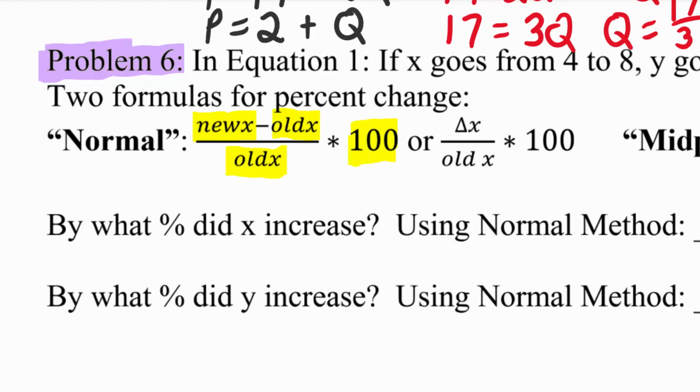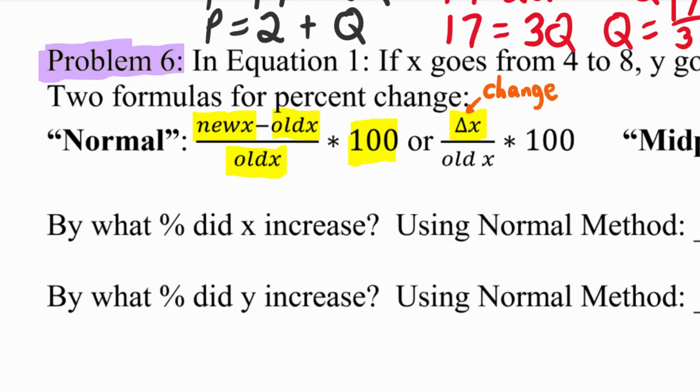A little more compact way to write this is to say, well, the new minus the old value is just simply how much x has changed. So this Greek letter delta, a triangle, is a shorthand for change. So this means the change in x.